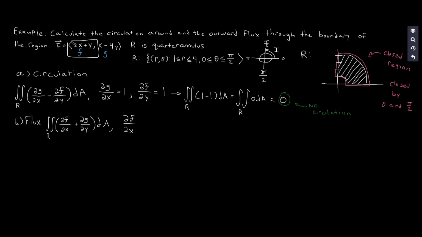Well, 2 times the derivative of x, which is 1, so 2 times 1, plus y, which gets treated like a constant, makes the partial derivative of f with respect to x equal to 2. Then what's the partial derivative of g with respect to y? Well, x gets treated as a constant, so it's 0, minus 4 times 1, because the derivative of y is 1, so that's going to be -4.